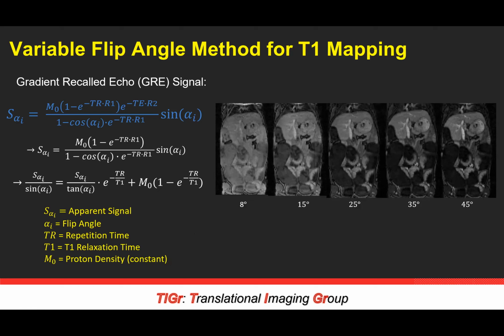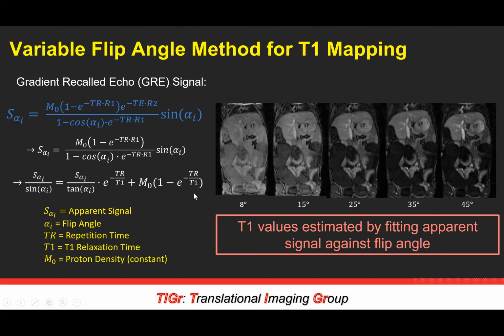And we then backsolve for the T1 relaxation time with knowledge of the flip angle, and we use this to get a fit for the T1 values. By doing this, we're able to calculate T1 values both pre and post contrast for any anatomical region of interest in the field of view.